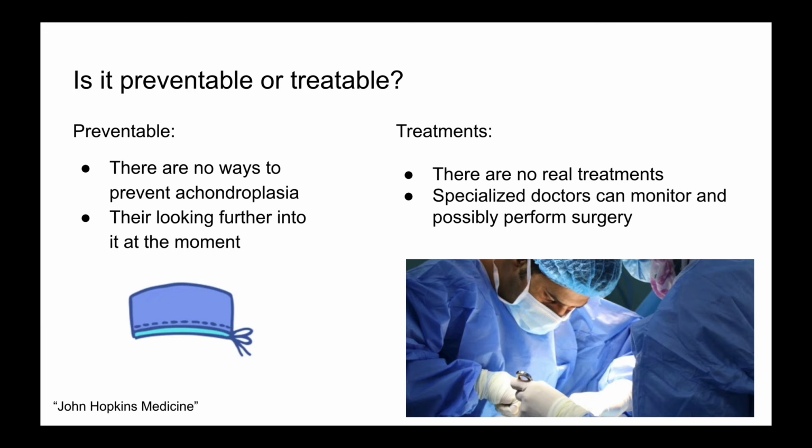Most of the time, if the parents have it, the children will have it, and doctors do let parents know this outcome. Is achondroplasia treatable? Not really. There are no real treatments for achondroplasia. However, they can relieve problems caused by the condition through different things, such as treating hunchbacks, fixing dental problems, and testing for bone problems.